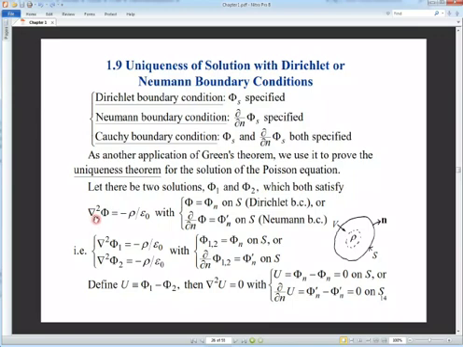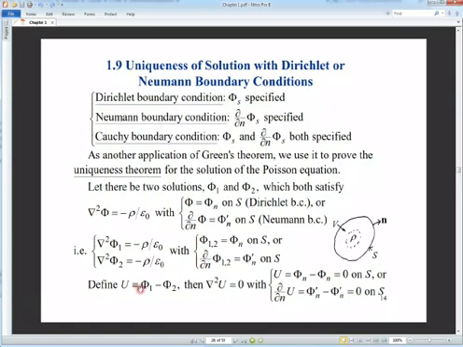So the Poisson equation has phi equal to phi n on the surface, I mean the Dirichlet boundary condition, and round phi over round n equal to phi prime n on S for the Neumann boundary condition. It means the Laplacian of phi 1 is equal to minus rho over epsilon 0, and the Laplacian of phi 2 is equal to minus rho over epsilon 0, with these two conditions.